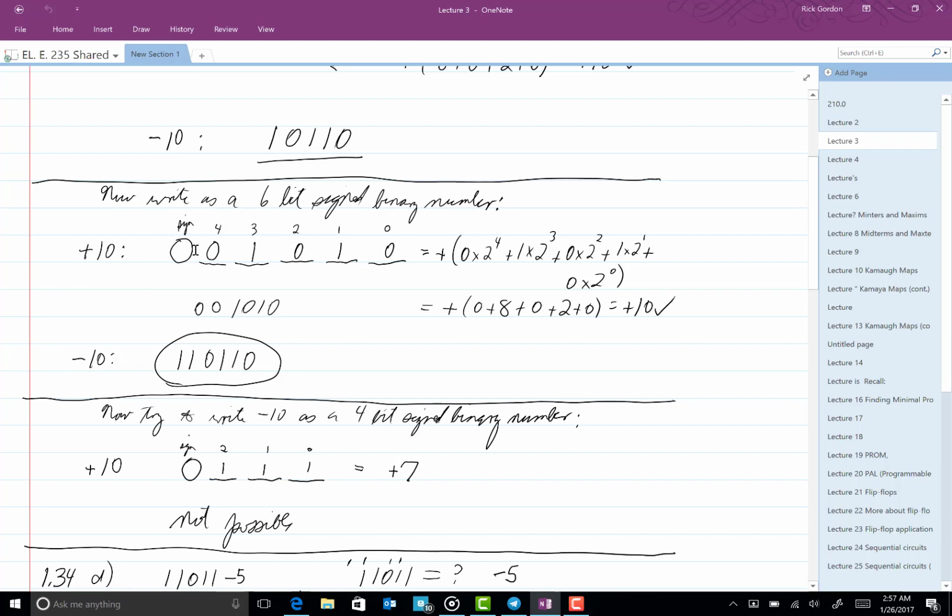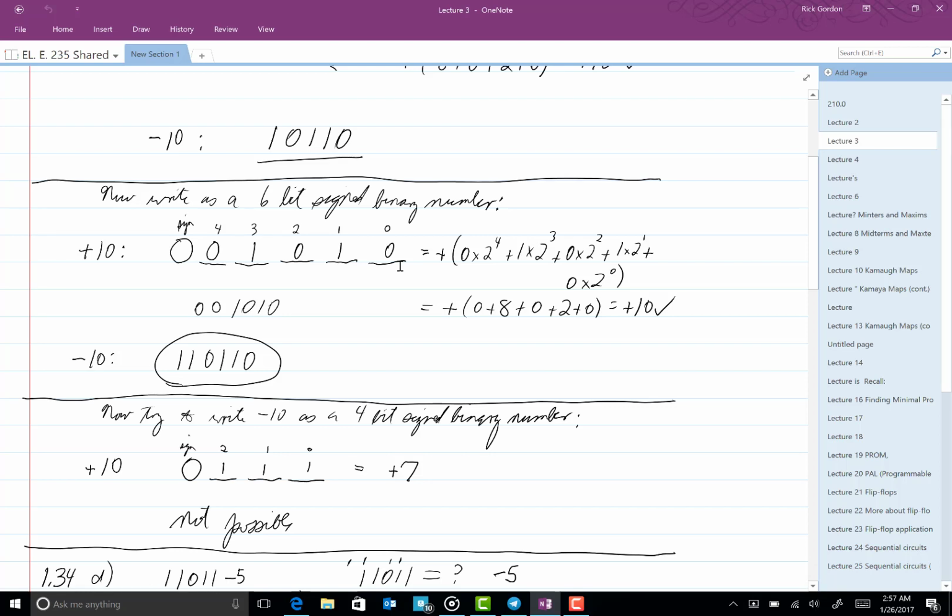And so just as above, the first of the bits is the sign bit. And once we have accounted for that sign bit, since that's one of the 6 bits, then we have 5 bits left. And so we put 5 slots here, 1, 2, 3, 4, 5.